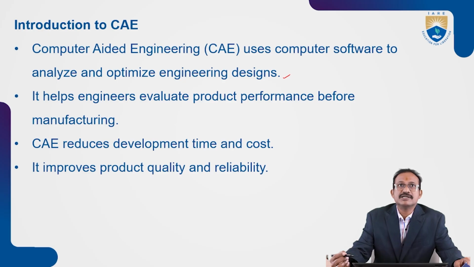CAE reduces development time and cost. It improves product quality and reliability. So that's why, instead of manual engineering, we are doing all these things with a computer setup. That is nothing but computer aided engineering.